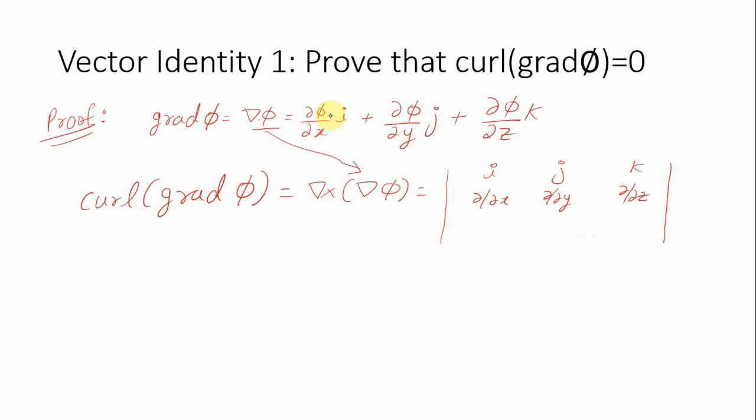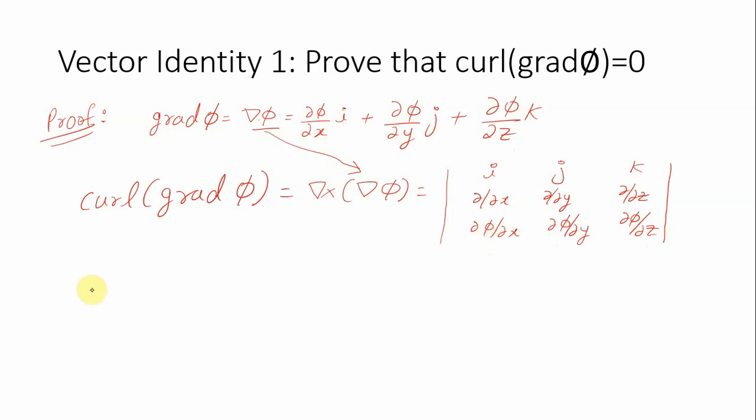You can go through this. I will consider f1, this f2, and this f3. So i, j, k, I'm going to substitute the values in the formula directly. It is dou phi upon dou x, dou phi upon dou y, dou phi upon dou z, students. This is what we have substituted.